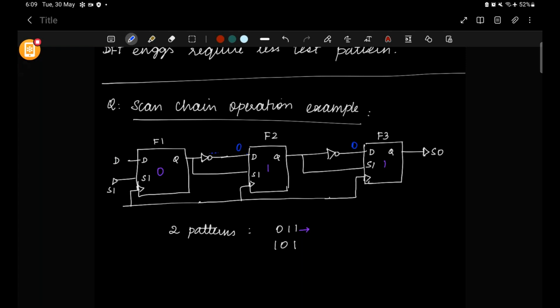During DFT time, we'll just assume this primary input to be X, either 0 or 1.